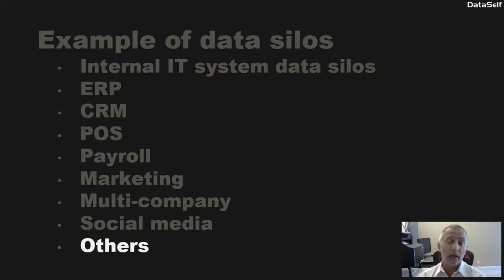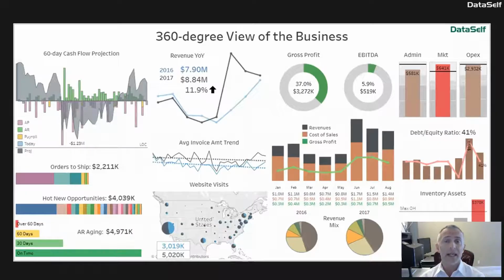And quite often what organizations want to do is have a consolidated view out of all of these data silos. So for management, they want to see all the data together. Like in this example, we have a 360-degree view of the business.